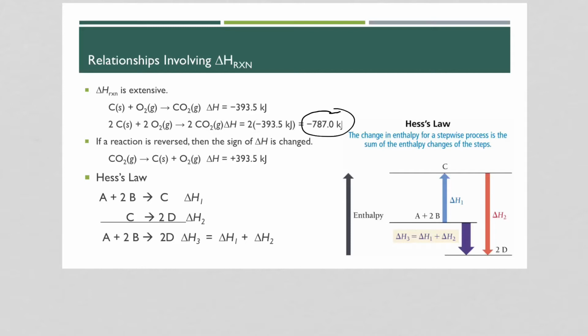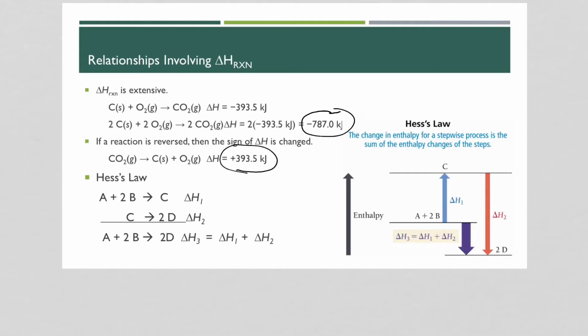The same amount of energy is still involved, assuming the amounts are the same, but it's in the opposite direction. So if I reverse this reaction and I decompose carbon dioxide back down to its elements, then instead of giving off 393.5 kilojoules, it has to absorb 393.5 kilojoules. So bottom line, if I reverse a reaction, it changes the sign of the delta H.